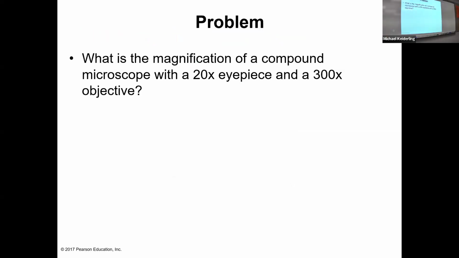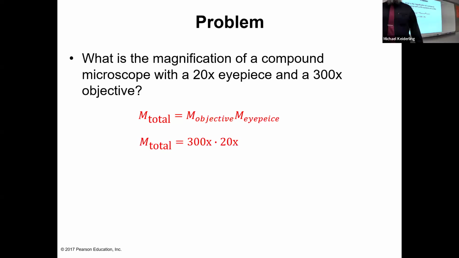So what's the magnification of a compound microscope with a 20x eyepiece and a 300x objective? This is fairly straightforward. You just multiply those magnifications together. 300x times 20x is 6,000x.